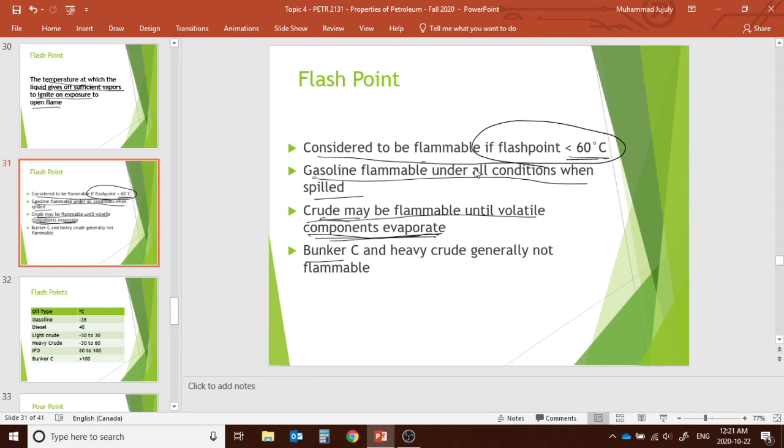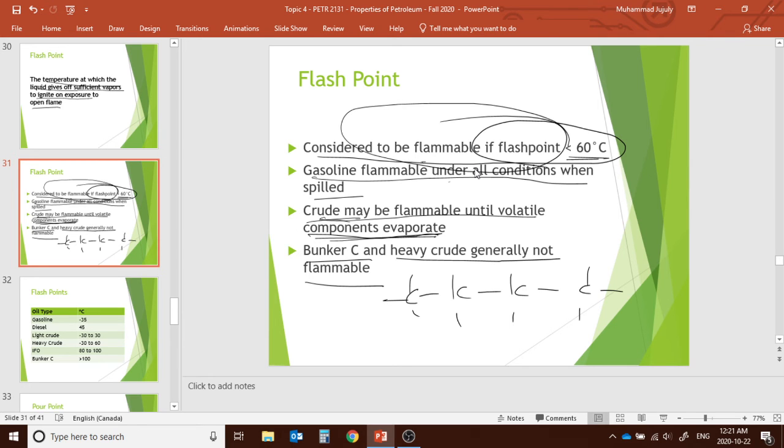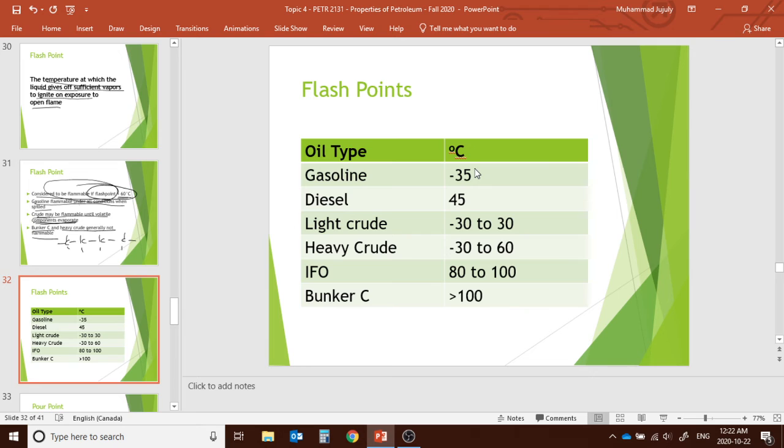The bunker C and heavy crude oil are generally not flammable, which makes sense because they have a higher hydrocarbon chain. That means lower evaporation, and that means less flammable, so the flash point would be very high. Typical examples: gasoline's flash point is minus 35, whereas diesel is 45 degrees Celsius.